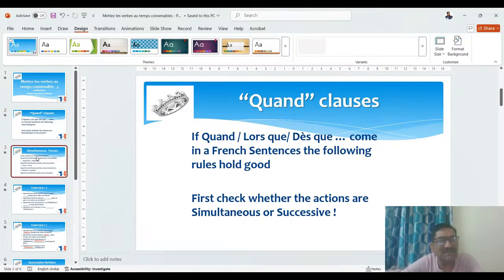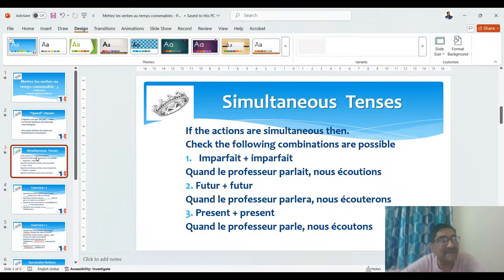Simultaneous means the action is happening at the same time, so both parts of the sentence are happening at the same time. Like when the teacher is talking, we are listening. Even in English, we say when the teacher was talking, was plus ing, we were listening, were plus ing. So both are in imperfect. Both are continuous, long actions in the past.